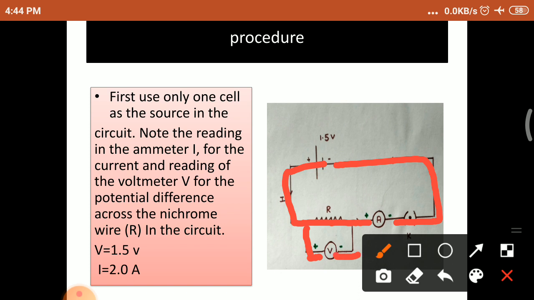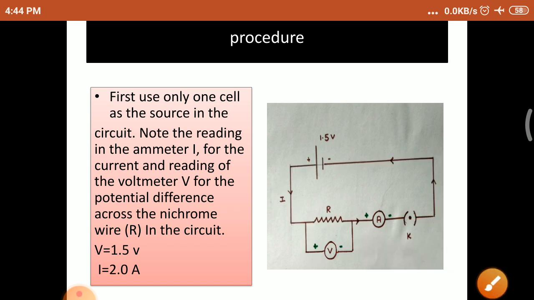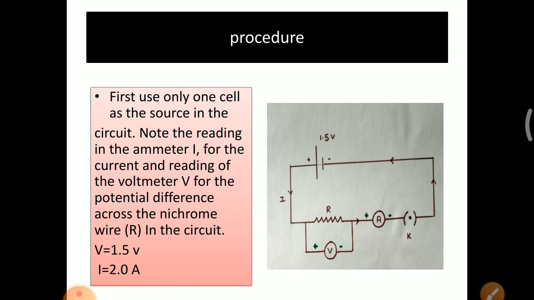The same here, the voltmeter negative is also connected to the negative terminal. So when you are drawing the circuit diagram, you must check it. The positive terminal of the battery must be connected to the positive terminal of the ammeter and the positive terminal of the voltmeter. So here I used only one cell as the source in the circuit diagram.